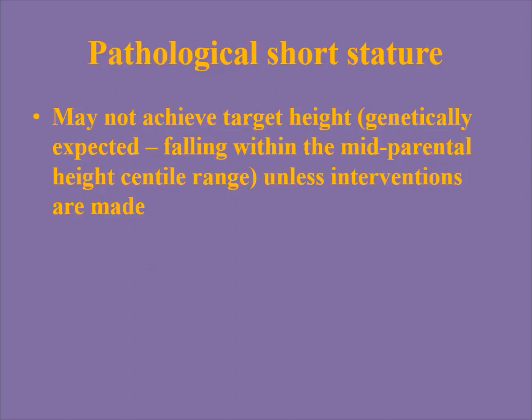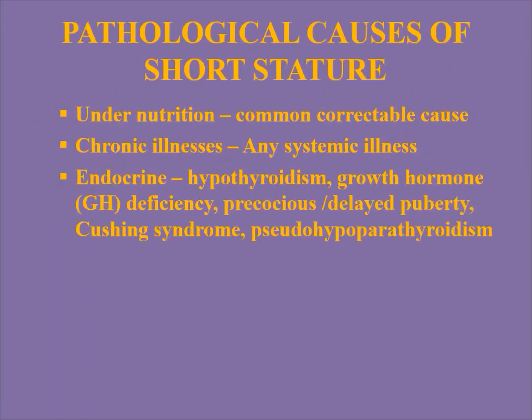Pathological short stature means they may not achieve their target height, genetic potential, unless you treat the cause. So that is the pathological short stature. So what are the causes of pathological short stature? Undernutrition. When the child is subjected to chronic undernutrition, the child can lose the potential for height.